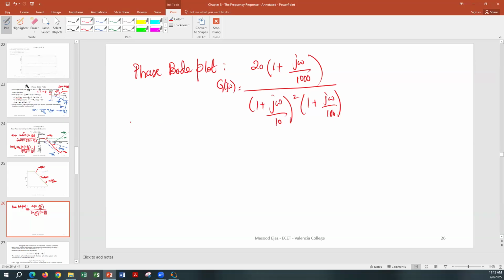Phase Bode plot, angle of G(j omega). Of course, the angle of a constant is 0. So there's no angle; this real value is at 0 degrees. The phase of this will be arctan of omega over 1000.